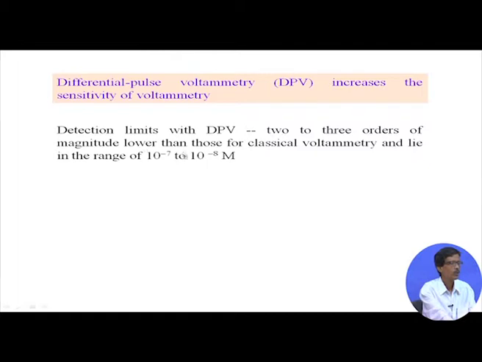In cyclic voltammetric measurements we start from 10 to the minus 3 molar solution, then go down by 10 times dilution to 10 to the minus 4 and 10 to the minus 5 molar. But in DPV, compared to classical voltammetry, the range is 10 to the minus 7 to 10 to the minus 8. That gives 2 to 3 orders of magnitude compared to the 10 to the minus 5 molar concentration we use routinely for cyclic voltammetric measurements.